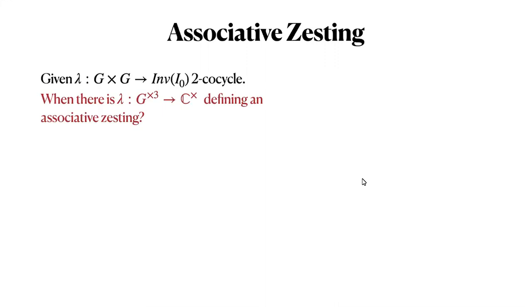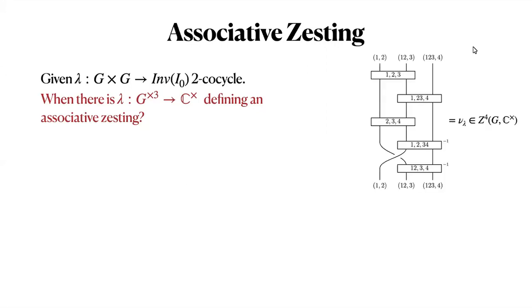Okay, so here appears a natural question. Suppose that you only have a 2 co-cycle, because in general, 2 co-cycles are really easy to compute. One natural question is when there is some 3 co-chain in such a way that you get an associative testing. And here, this is related with some work. I mean, the thing is you can define a 4 co-cycle that is the obstruction to the existence of this braided testing.